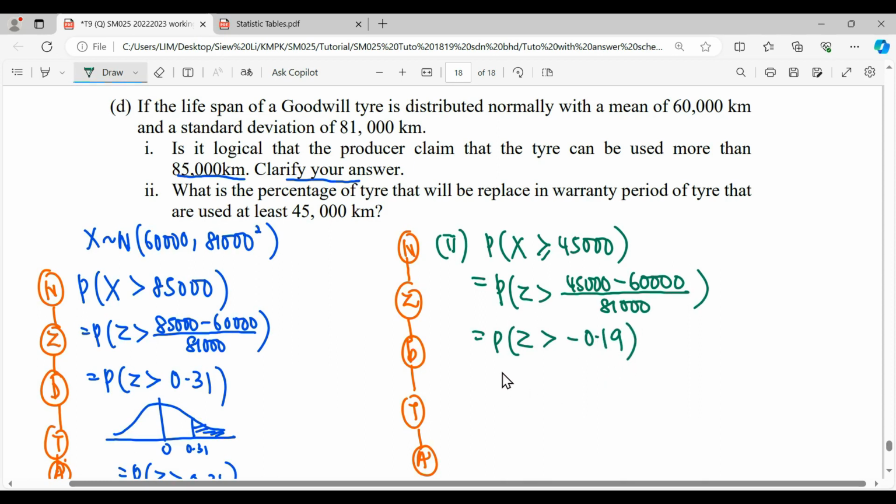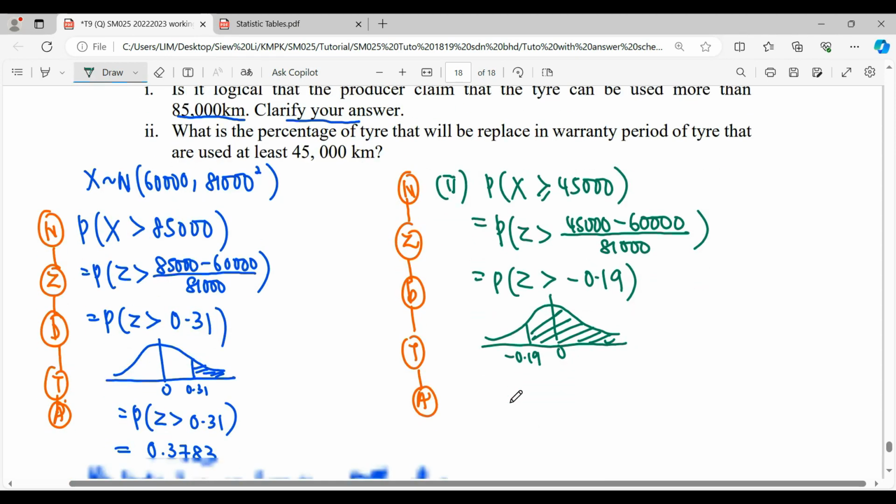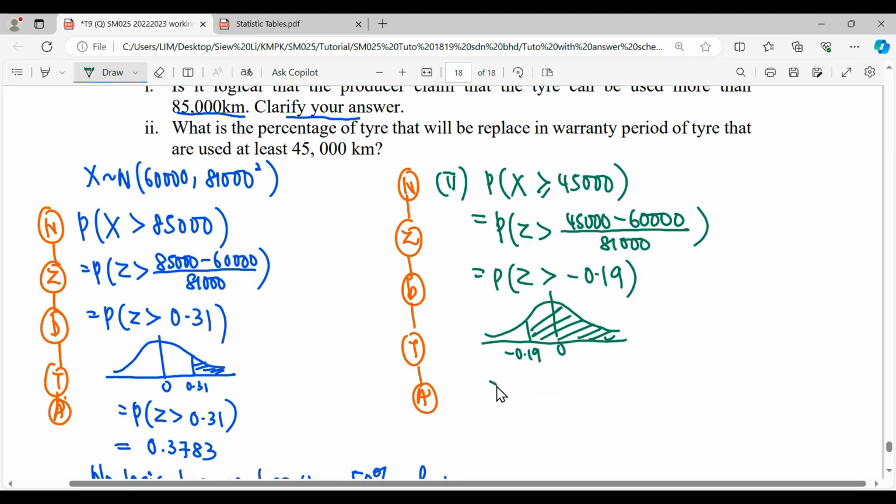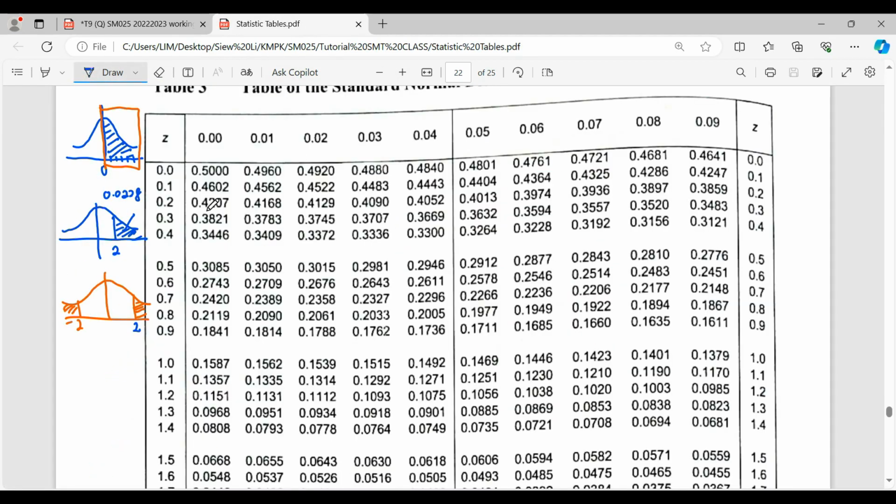Make sure our Z score is just 2 decimal places. Then we draw negative 0.19 and more than that, which is this area. As we read the table, we only have the tail part. So to get that region, it will be 1 minus the right tail of 0.19. Reading the table, 0.19 gives you 0.4247.